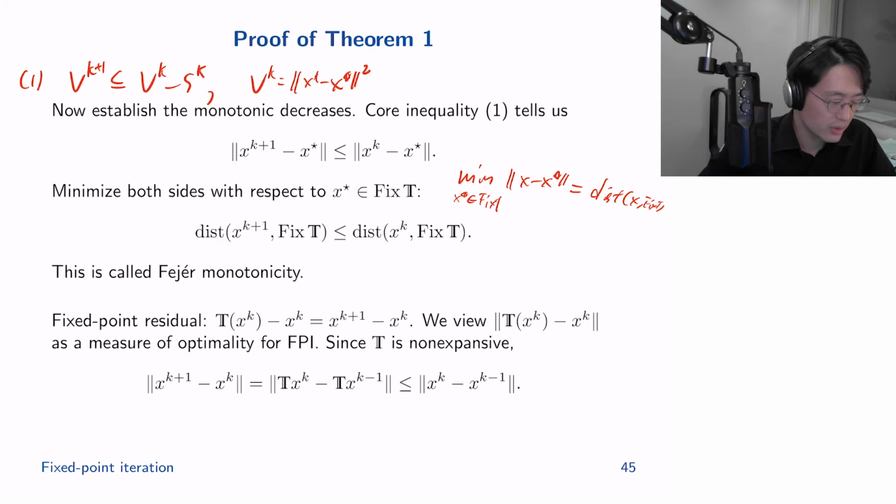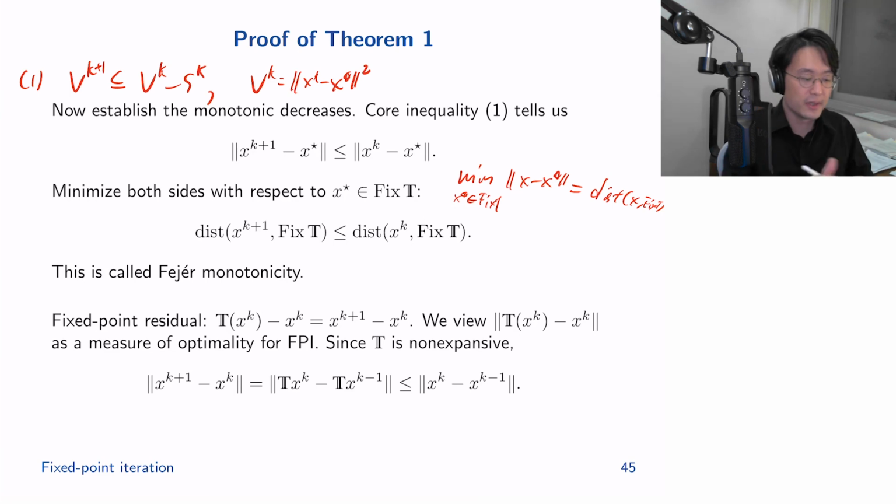Next, let's show that the fixed point residual is non-increasing. Note that T of xk minus xk is referred to as the fixed point residual, because if xk were a fixed point, then this difference would be 0.